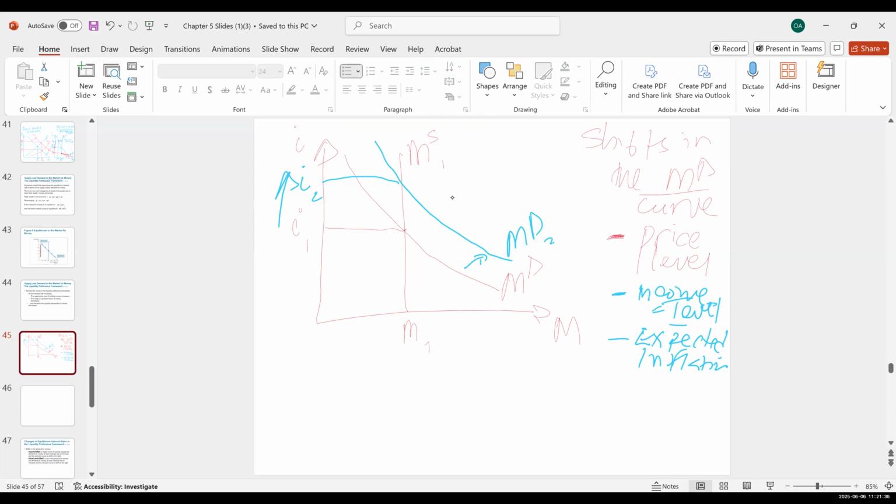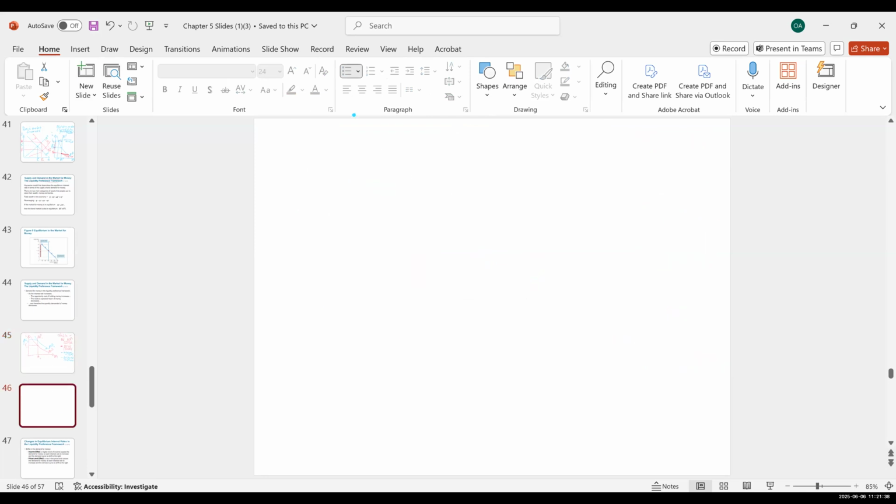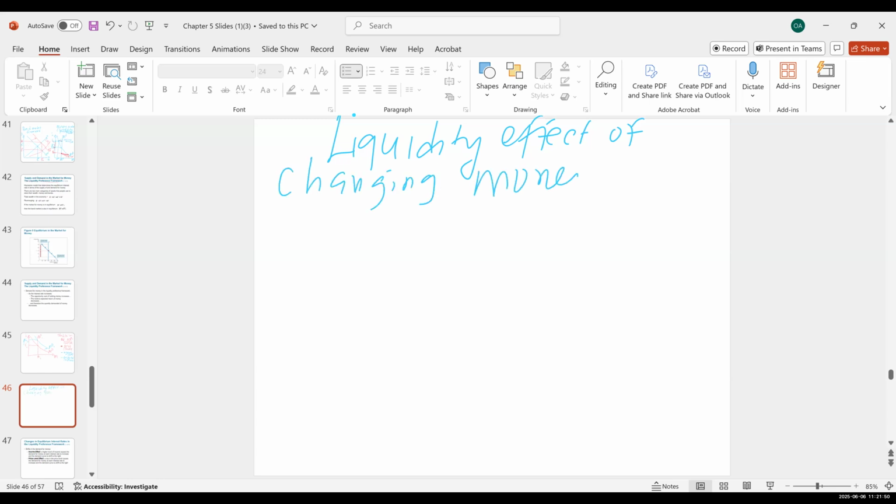So let's talk about the liquidity effect of changing the money supply, or of printing money, according to Keynes.